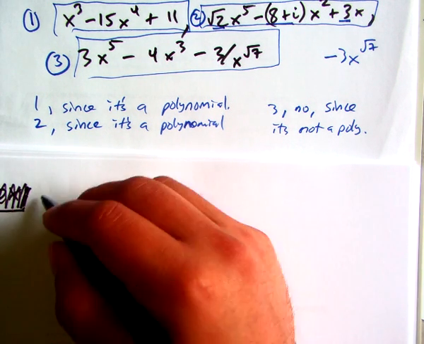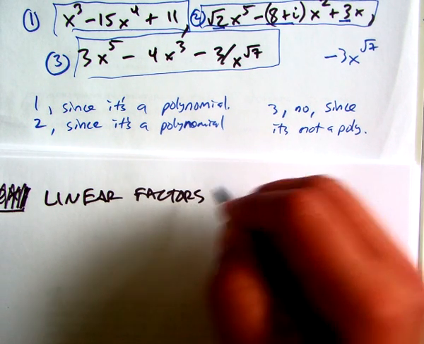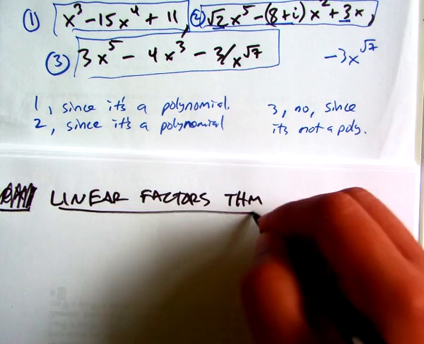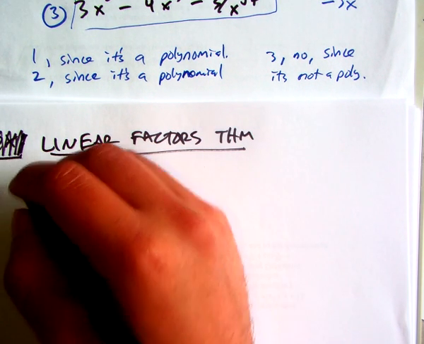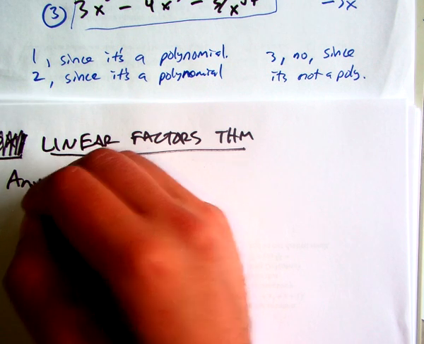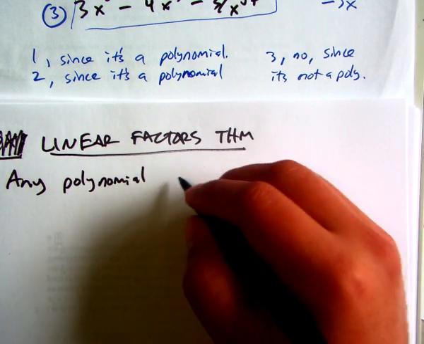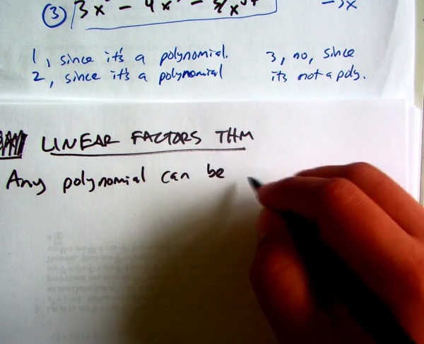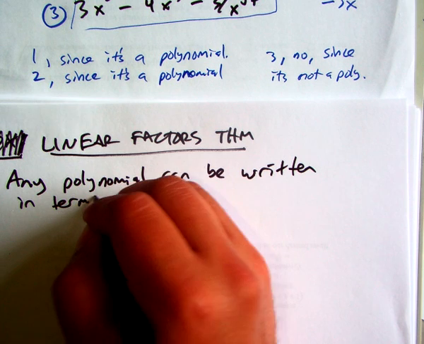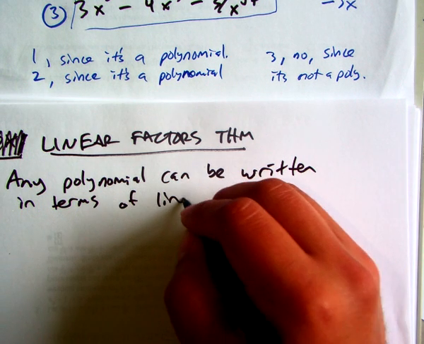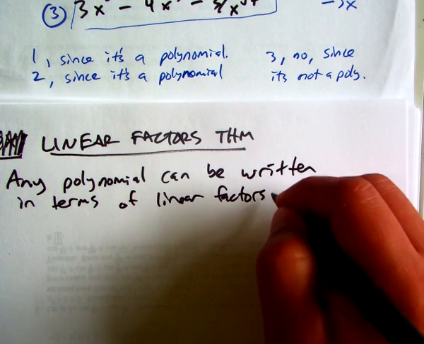Let's go straight to the linear factors theorem, which, in a nutshell, says that any polynomial can be written in terms of linear factors that look like this.